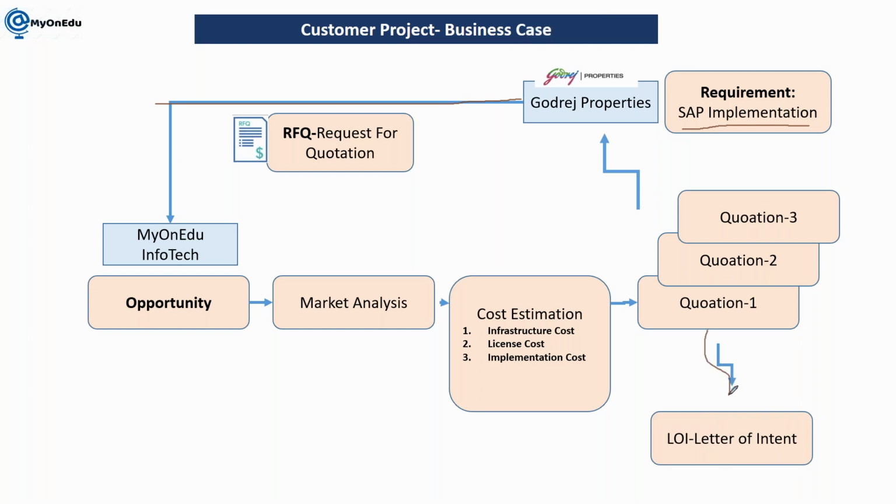This letter of intent is just an intention that yes, you have been shortlisted and we are going to provide this to you. Based on this LOI, we will get a sales order. This sales order is for us, but for my customer, it is a purchase order. So this is a sales order for us. Here it is a value of revenue.